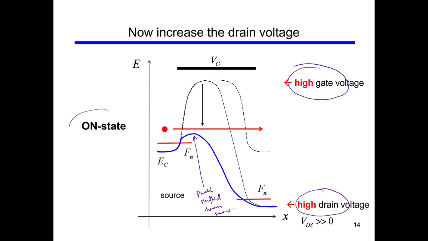This is the situation in the on state. So as you increase the VDS, the Fermi level will go down, and it will make it very easy for electrons to go from the source side to the drain side, because there is a very steep potential difference, or a potential hill that has a very steep slope.